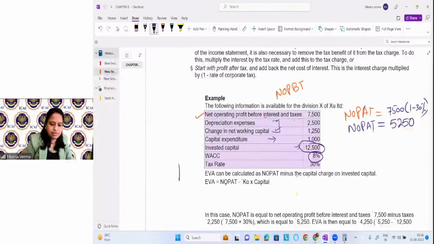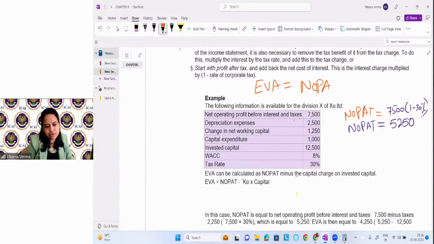So what is the formula? If you remember, the formula was this. EVA is equal to net operating profit after tax, which we have already calculated, minus cost of capital into capital.